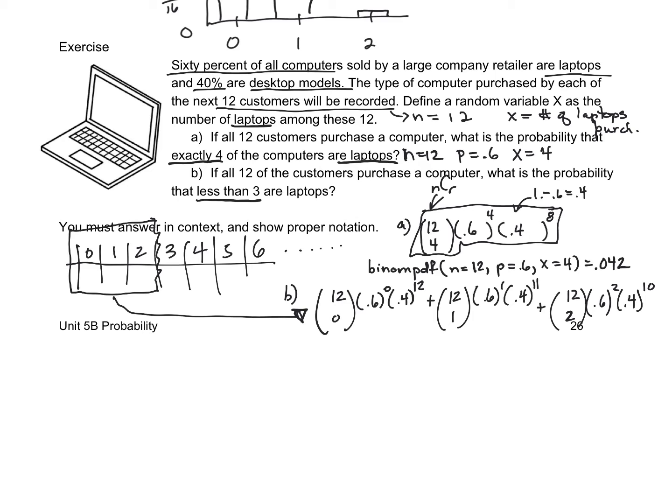So let's just do this one though. Is this a good binomial CDF question? Yeah. CDF does what? Less than or equal to. So this is perfect. We can do binomial CDF, n equals 12, p equals 0.6, and x equals what this time? 2, the highest number right here.